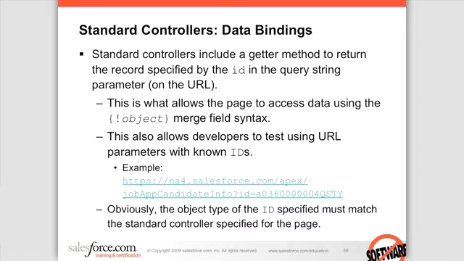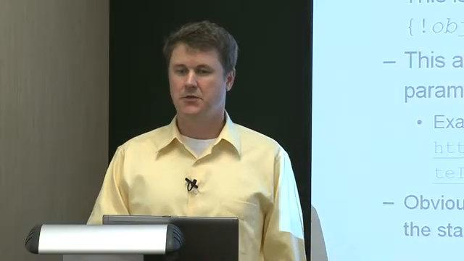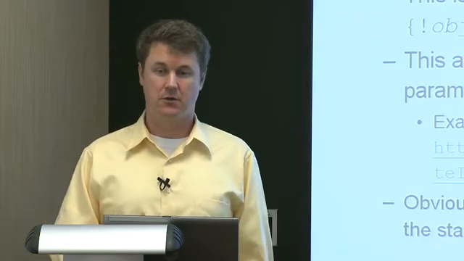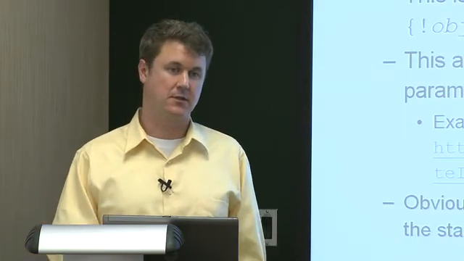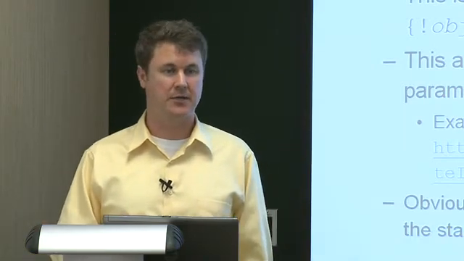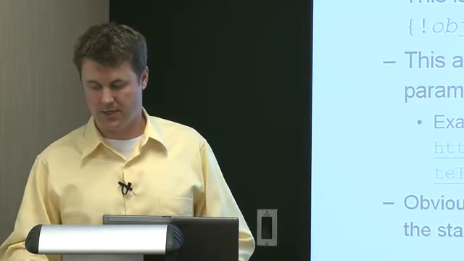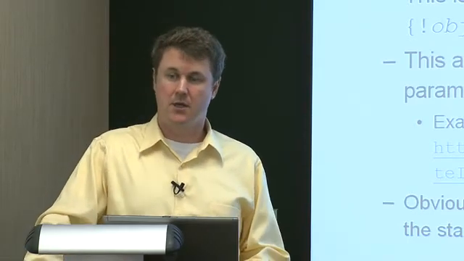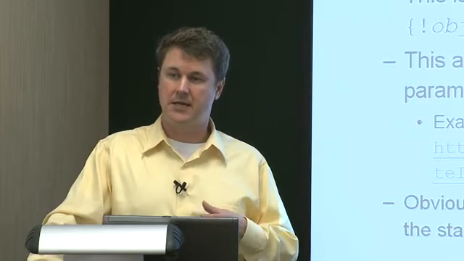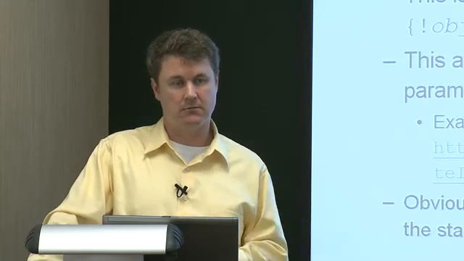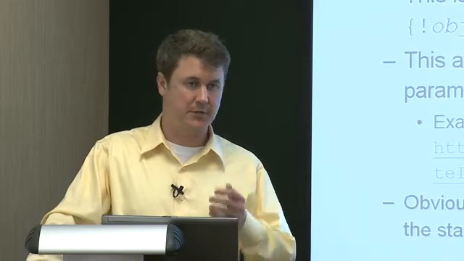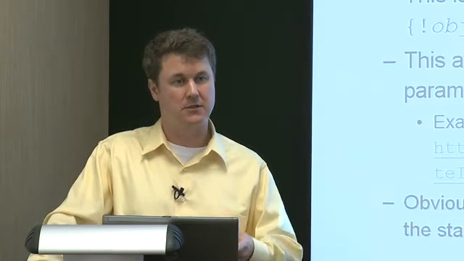All right. Standard controllers allow us to do data binding. What we're doing with the standard controllers, this is where we're using the object.field name syntax. So when using the standard controller associated with, for instance, let's say our job application within our recruiting application, we can view data associated with the current sObject. So if it's job application, we can view the fields associated with that using the standard controller.